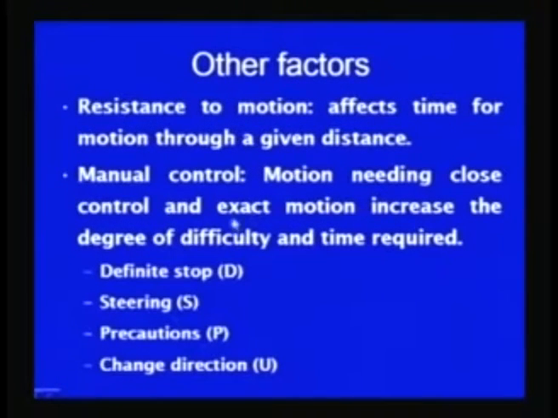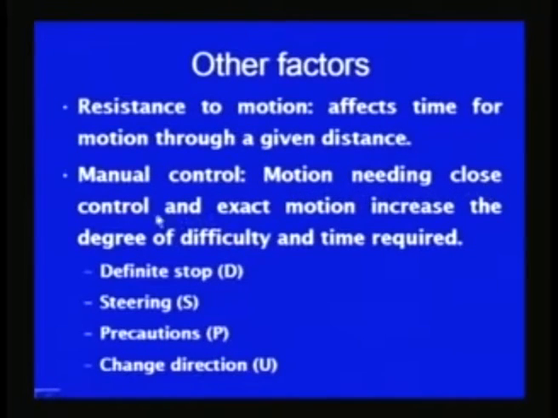Other factors with respect to which the job is analyzed are the resistance to the motion, because it affects the time required for performing the motion through a given distance, and the manual control required, which also affects the time required for performing the motion.